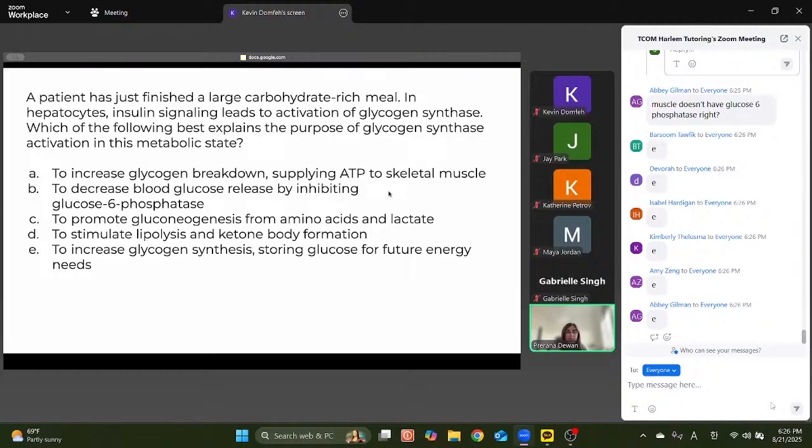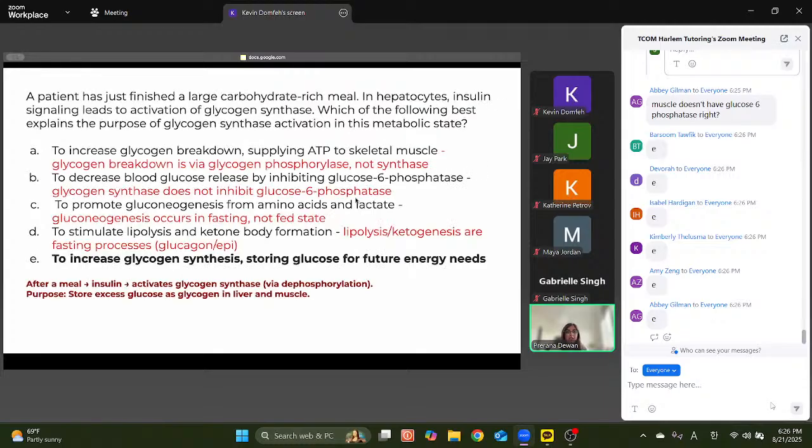Just to go over why the other options are incorrect: A, to increase glycogen breakdown, which supplies ATP to skeletal muscle, is incorrect because glycogen synthase is building glycogen, not breaking it down. For choice B, it's partially related, but it's not the primary function of glycogen synthase.